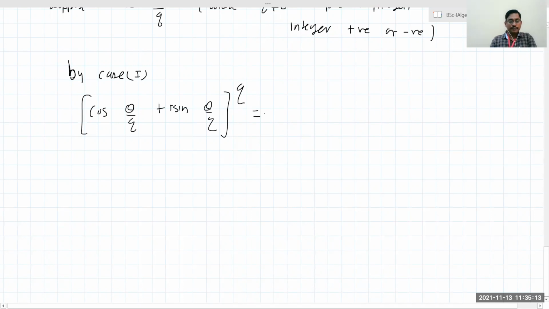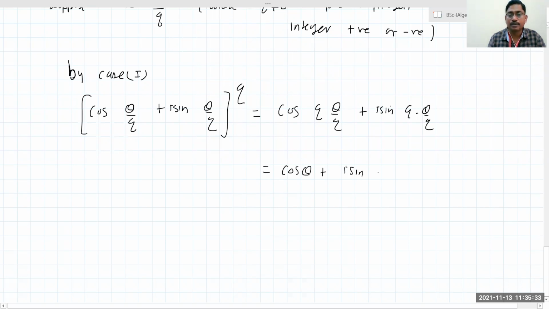This is equal to cos of q multiplied by theta by q plus i sin q multiplied by theta by q. In fact, it is cos theta plus i sin theta.